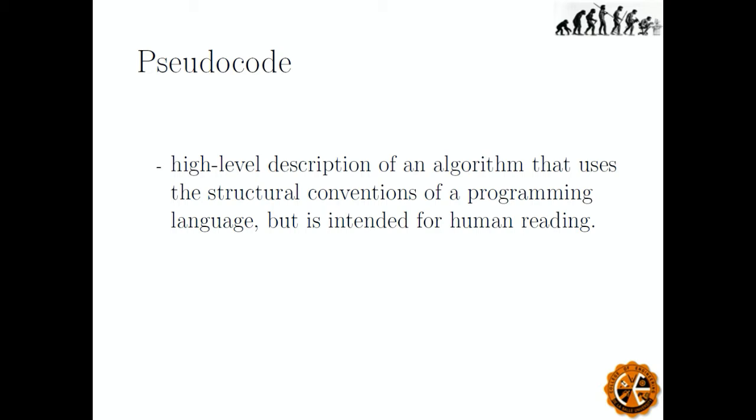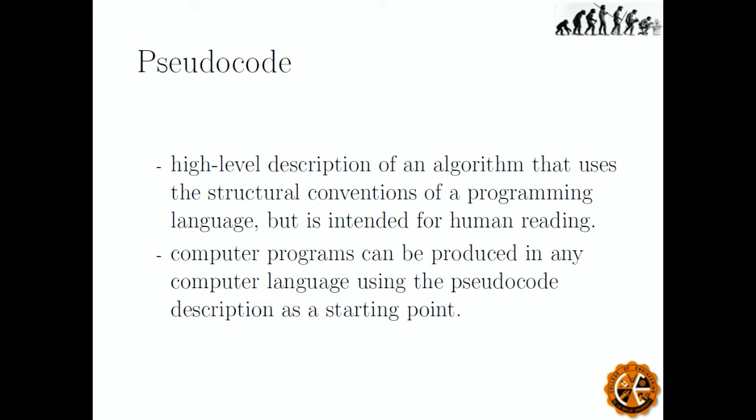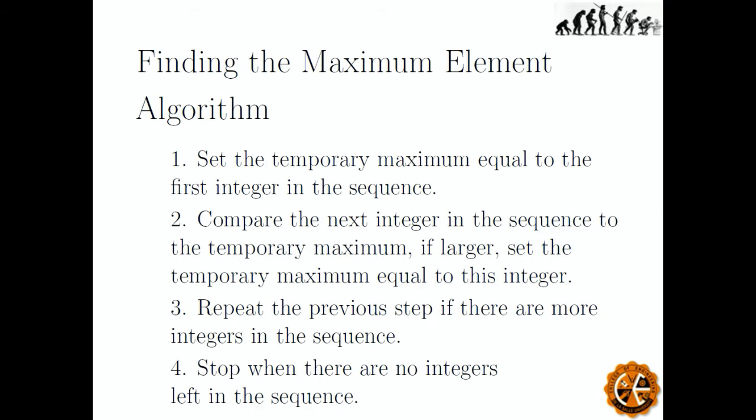But again, this is not intended for compilation in an actual machine, but is intended for human reading. Thus, computer programs can be produced in any computer language using the pseudocode description as a starting point. So if we go back to this problem, first we are going to set the name.